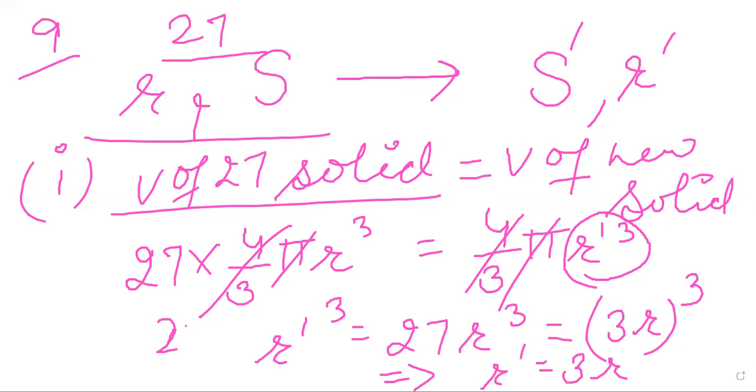Now in the second part you have to find the ratio of s and s dash. Here s is the smaller solid and s dash is the bigger one.